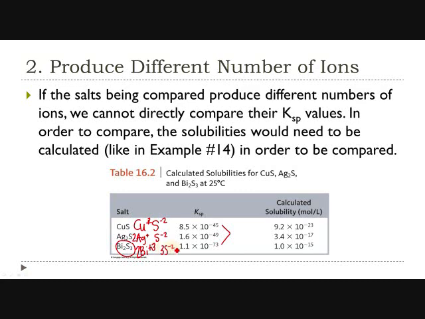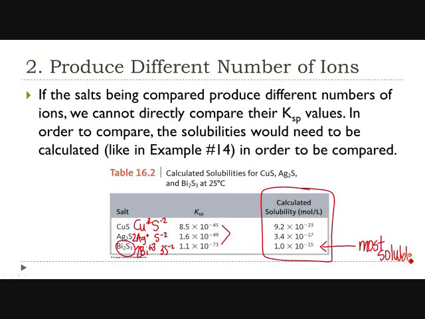So when you don't produce the same number of ions, then you have to do the math, like we did in example 14, and solve for X, solve for that solubility. And then once you have calculated your solubility, then you can compare to see which is most soluble. And again, since this one is the closest to 0, it's the biggest, the bismuth sulfide is the most soluble option from this list.